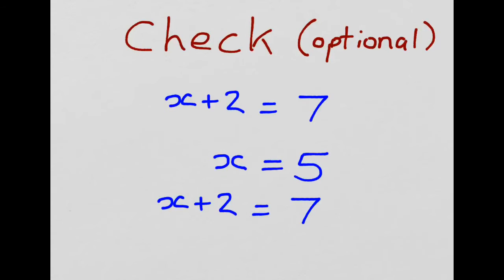So if I get rid of the x and put the 5 there instead, because remember x is the same as 5, I can see that it works. 5 plus 2 is equal to 7, so x must be equal to 5.